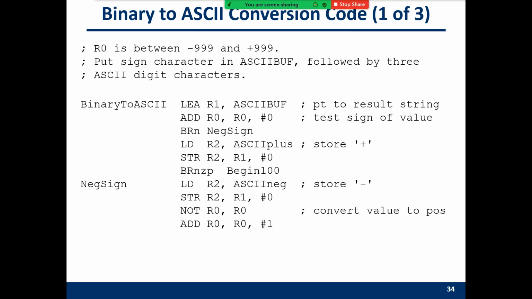So if it's a plus, then we directly do the computation. Otherwise, it's a minus value. Because that's a 2's complement number, we also need to do some processing.